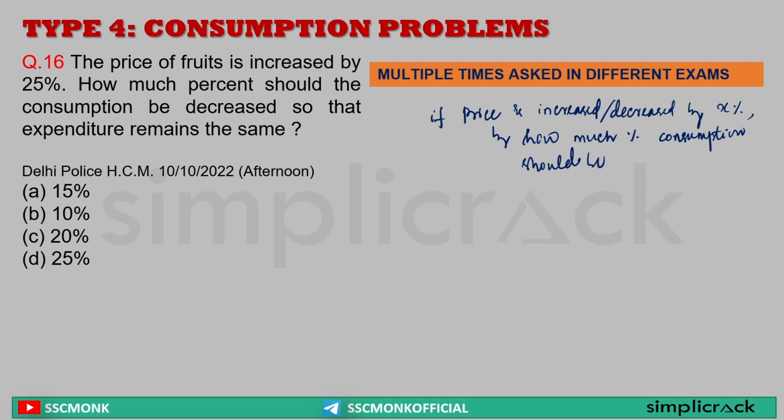If price is decreased, you are getting the same thing for lesser price, you will consume more. So the consumption will be decreased in case of increase in price and increased in case of decrease in price, so that expenditure, meaning the total spending, remains the same. Okay, so the formula to this question is very simple.